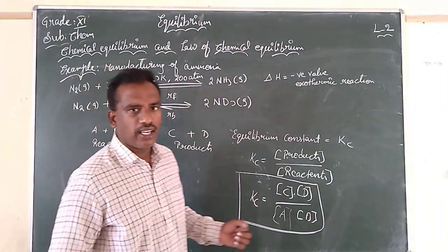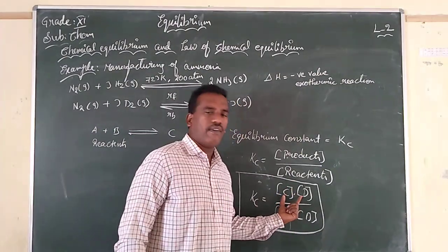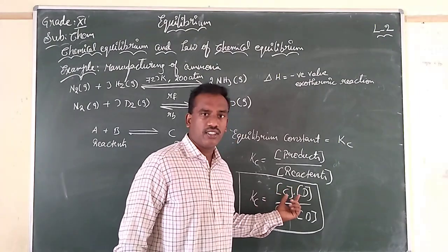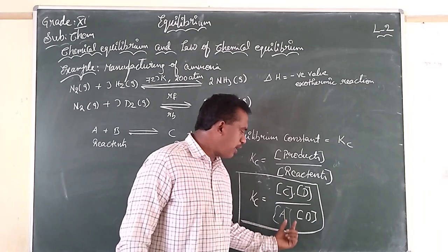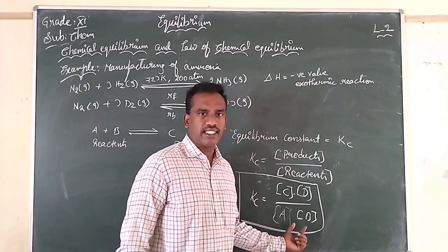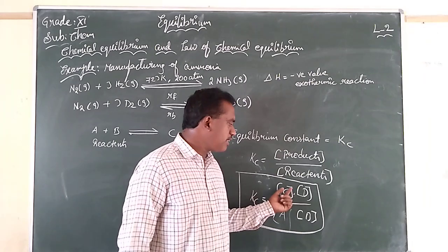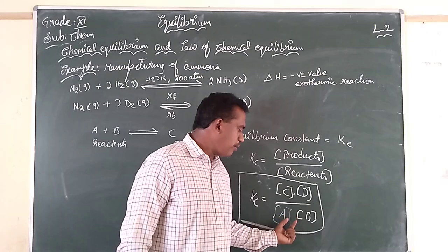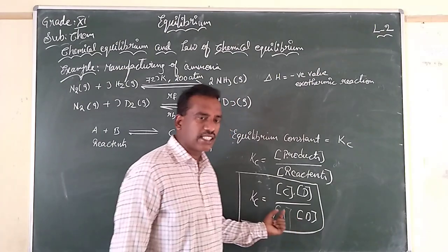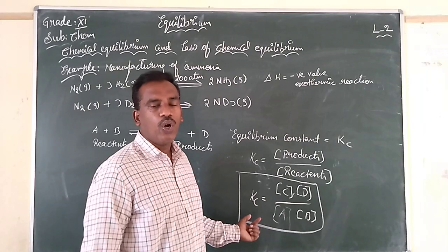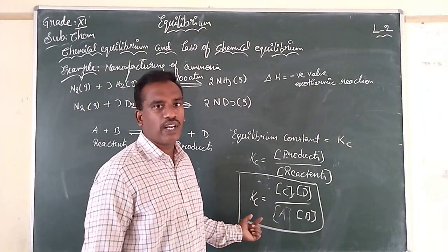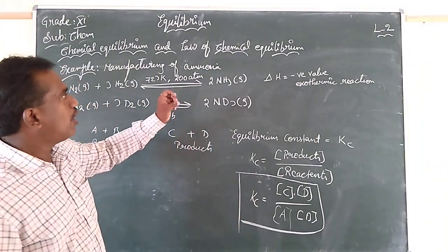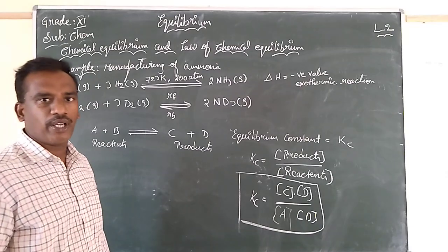It is the product of the reaction products to the product of the reactants, equal to a constant value called Kc. This was given with this law, which we call the law of chemical equilibrium.